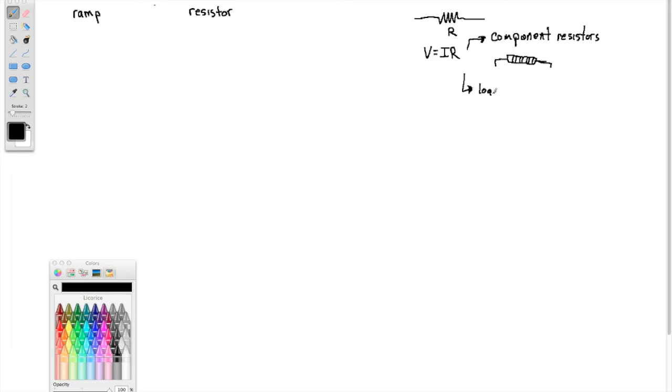Load resistors are the prizes at the end of the maze. Load resistors are your ultimate goal. You're building a circuit for some reason. You want to give some voltage or some current to something, and that something is the load resistor. This would be like headphones, for example.